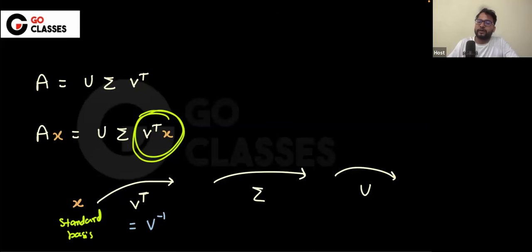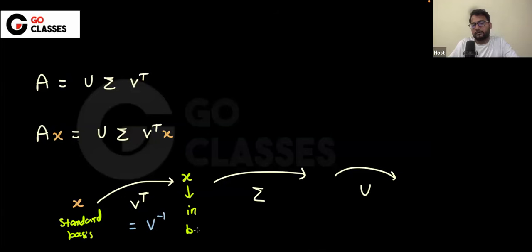If you multiply X with V transpose or V inverse, since both are the same in this case, you will get X, but in the basis of V. So these are the coordinates in the basis of V, if you multiply with the V inverse.